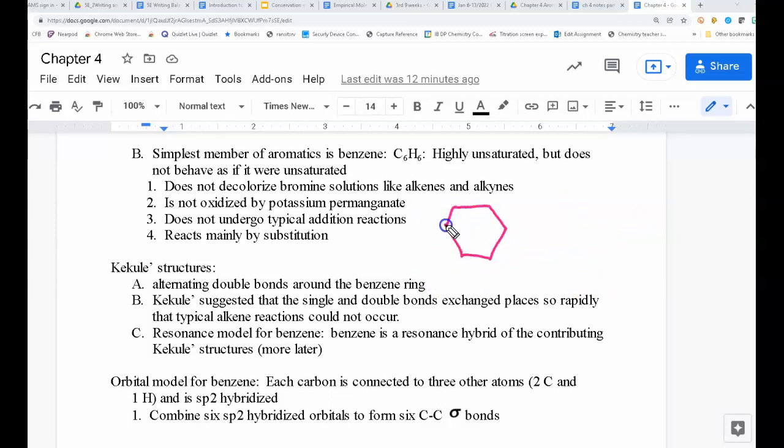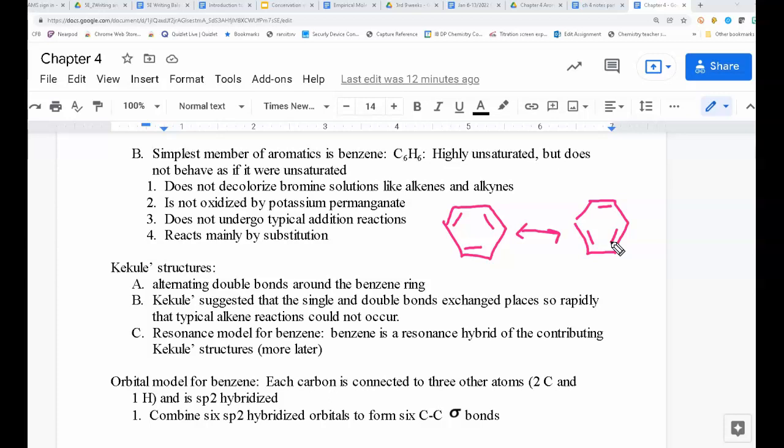So we have 2 benzene molecules. He said that what these benzene molecules look like are a 6-sided carbon ring, and I'm going to change my double bonds to here, here, and here.